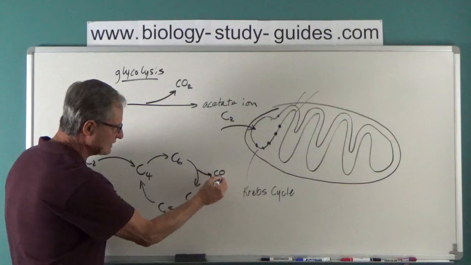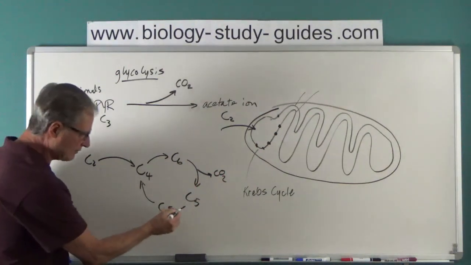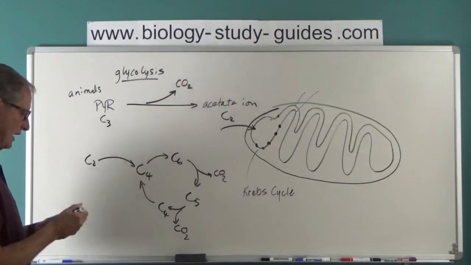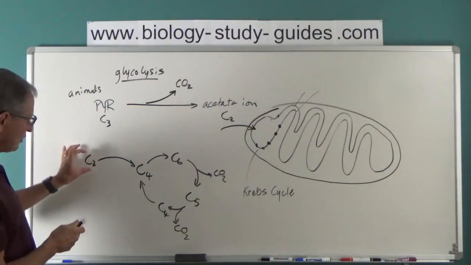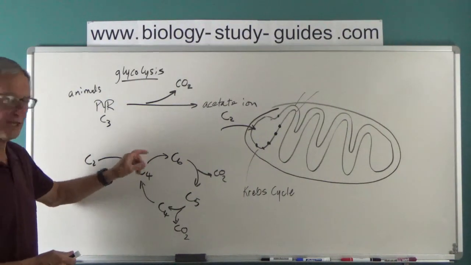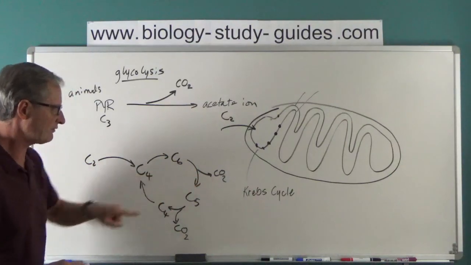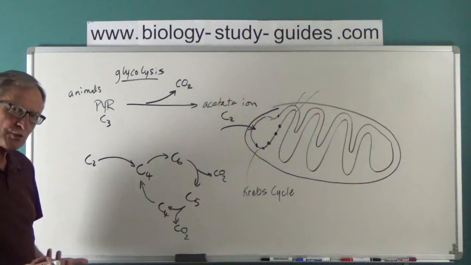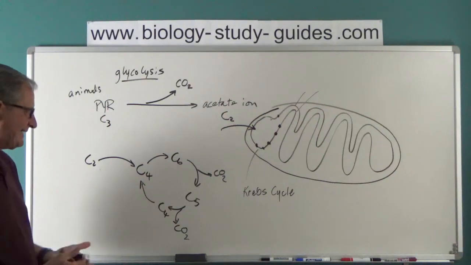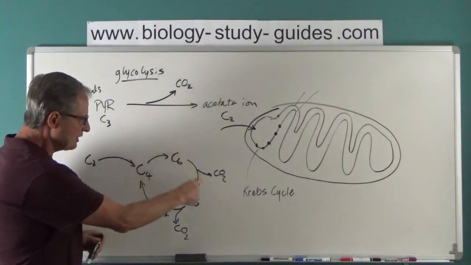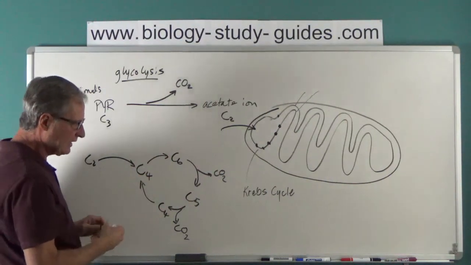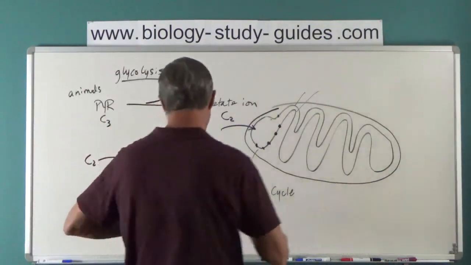Carbon dioxide is given off here because there's a loss of a carbon. Carbon dioxide is given off here, there's a loss of a carbon. And you wind up with the 2-carbon molecule you put in gets used up in the production of these 2 carbon dioxide molecules. But the essential part of this, and how we get all this ATP out of it, is in this changing of the molecules in here, we get a product.